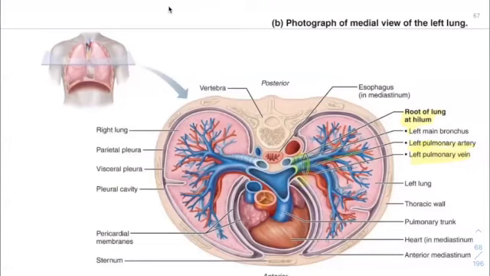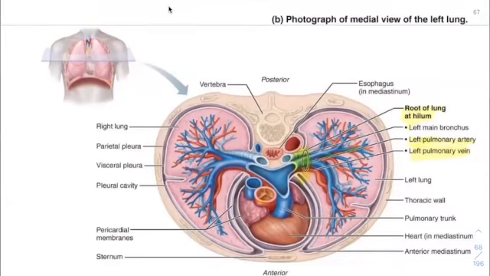That's what makes it the hilum, what's going in. From this view, you also see how we have a visceral pleura, just like everything else, and a parietal pleura. Visceral means it's always going to line whatever organ it is. And then we have the parietal, which faces the outside, away from the organ.